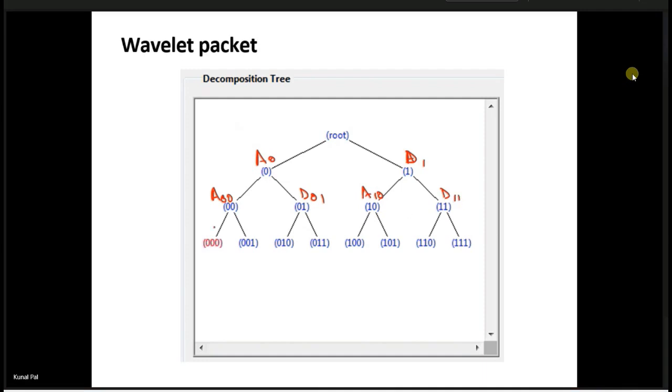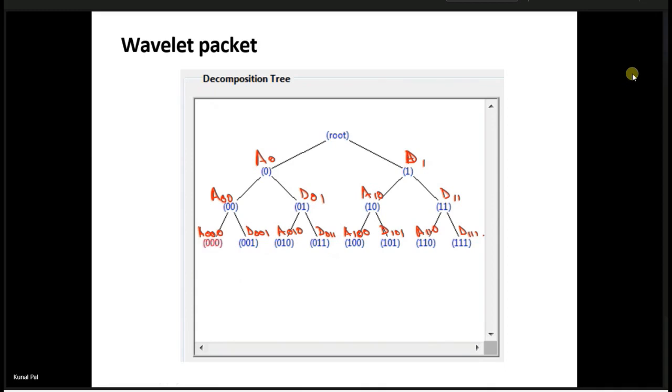Then over here A000, D001, then A010, and then D011, and in the same way A100 and D101, A110, and D111. So in this way it will go on, and you will have the decomposition of your signal.